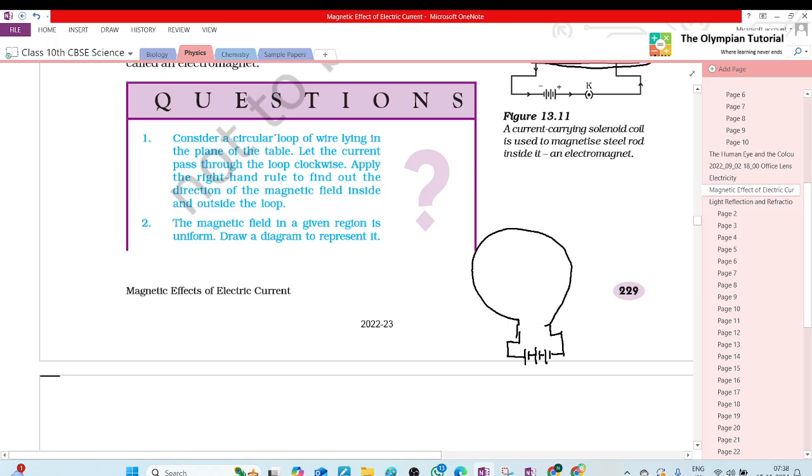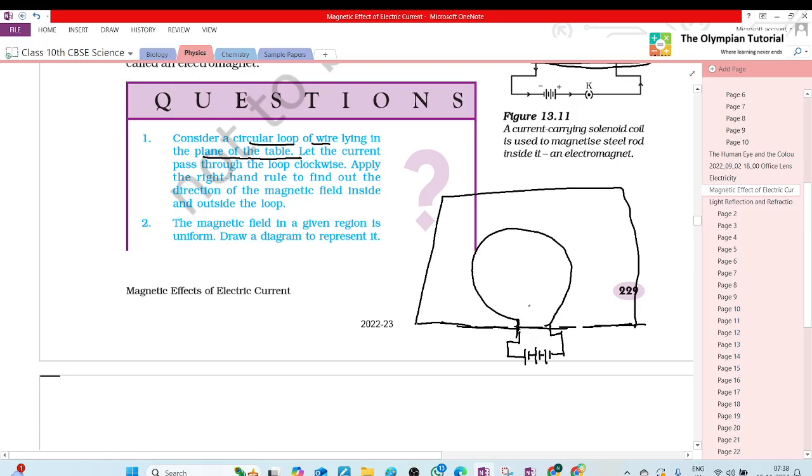Consider a circular loop of wire lying in the plane of the table. How will it lie in the plane of the table? This one is the table. You imagine in that way, students, that these wires are going inside the table. This is the table, this circular loop is above the table, and the connection is inside the table.